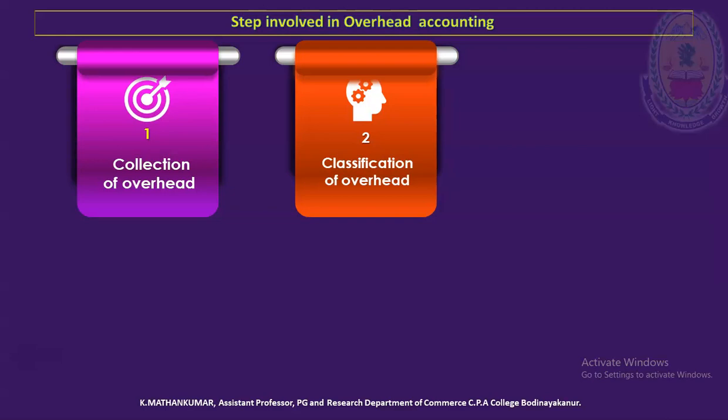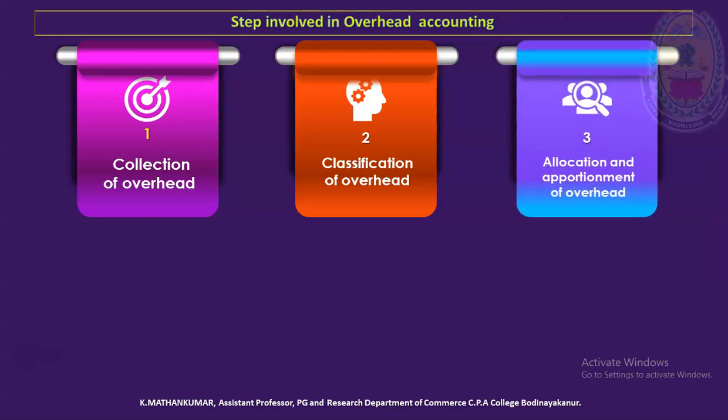Then element-wise classification, like indirect material, indirect labor, indirect expenses. Then, on the basis of behavior, fixed overhead, variable overhead, semi-variable overhead.